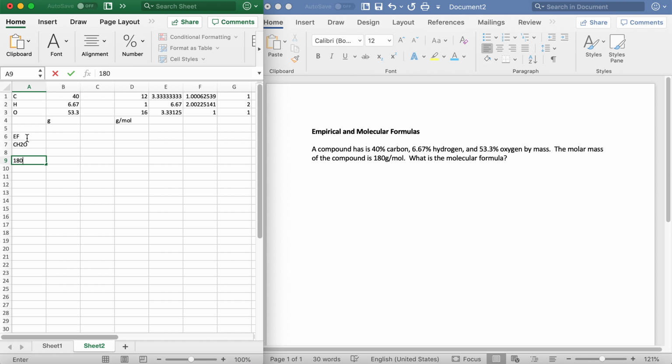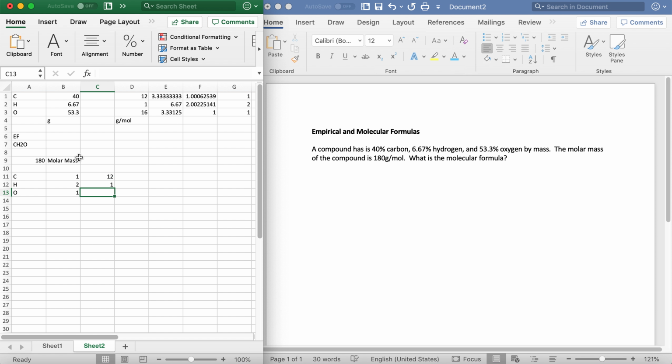Now my molecular formula is derived from this empirical formula and the molar mass of my compound which was given. So how am I going to go about getting my molecular formula? Well, first thing I need to do is figure out the mass of this empirical formula unit. So I have C, H, and O. I have 1 of these, 2 of these, and 1 of these. I know that the molar mass of carbon is 12.